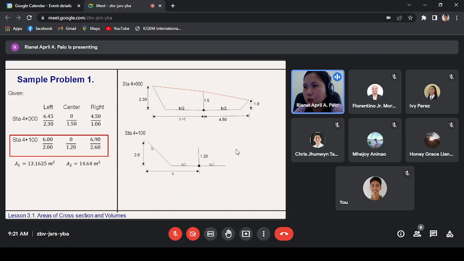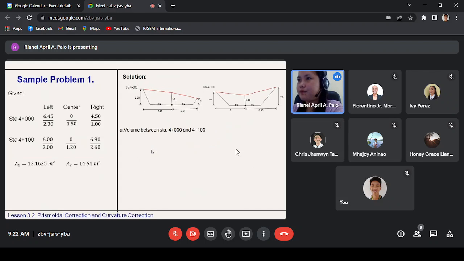This is our side slope. Then on the right side, we have 6.9 from the center point to the right side, horizontal distance, and the vertical distance is positive 2.6. We just connect these to get the existing ground surface. Okay, this is our illustration for station 4 plus 100.